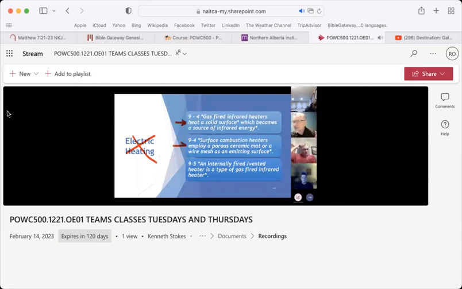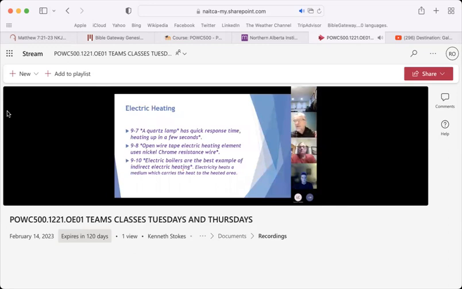Surface combustion heaters employ a porous mat or wire mesh as an emitting surface. An internally fired vented heater is a type of gas-fired infrared heating. If we're talking electric heating, the quartz lamp has the quick response time, heating up in a few seconds. Open wire electric heating element uses nichrome resistance wire.